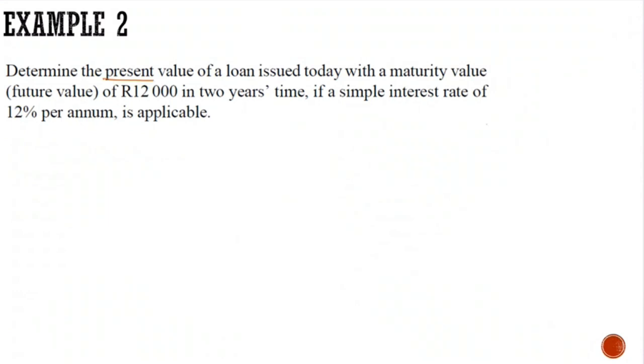Here, determine the present value. They are looking for the present value. Already, you know the formula of a loan issued today with a maturity value, that is the future value. And then the time here is 2 years. If the simple interest rate is 12 percent, here you are happy, because everything is in years.